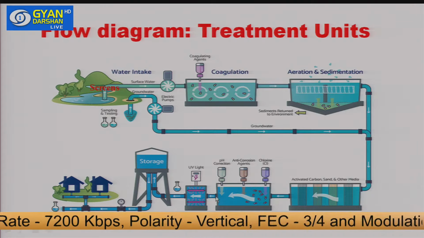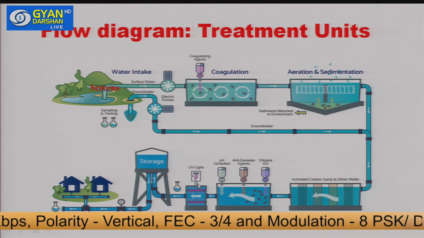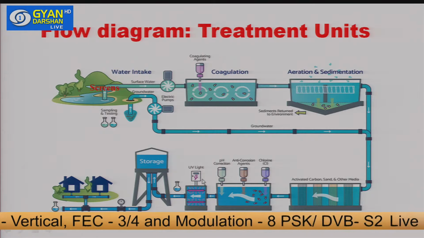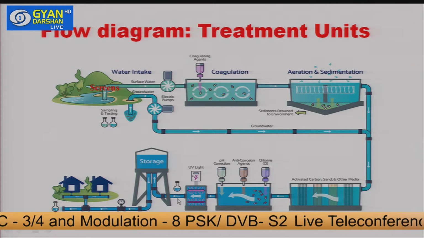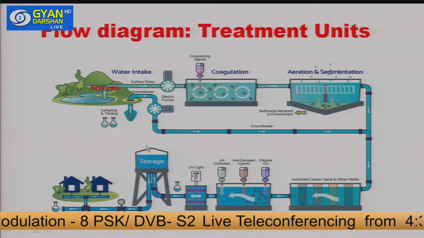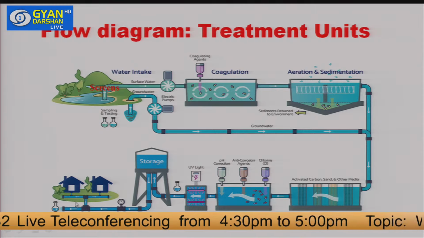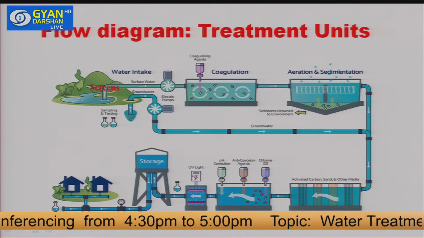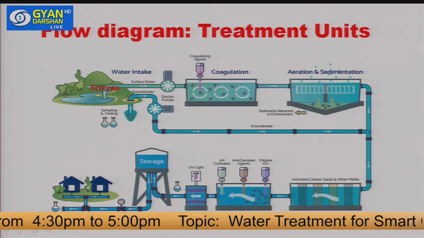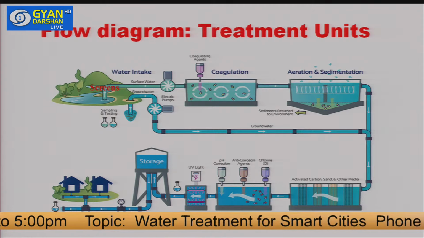Then after disinfection, a secondary treatment with UV rays can be done, and finally we get safe water, which is sent for storage. From there, this water is distributed to the houses of the people for drinking and other purposes.